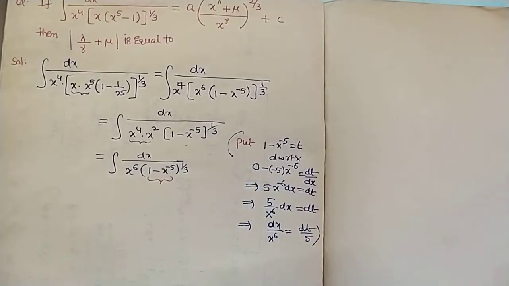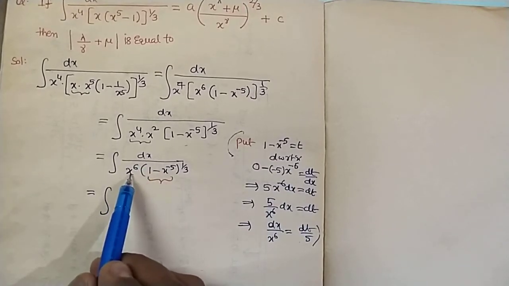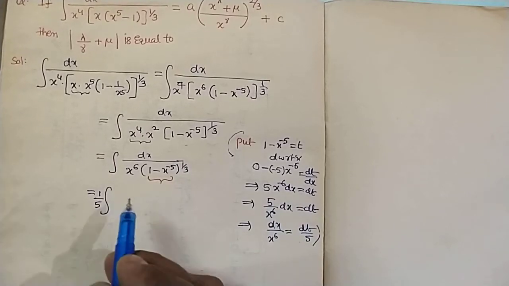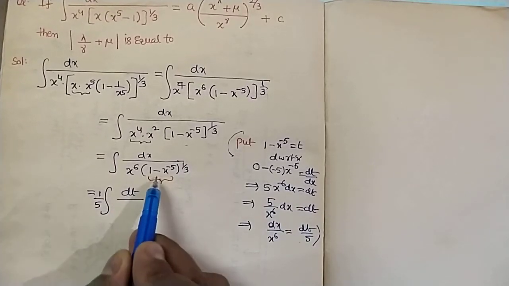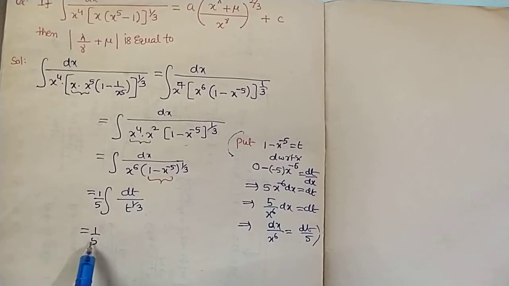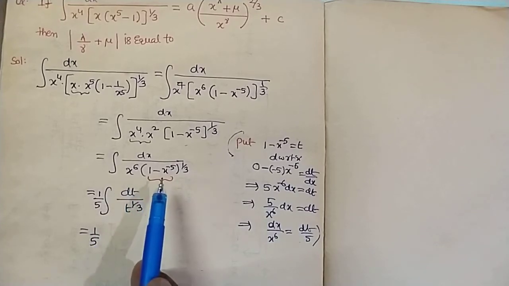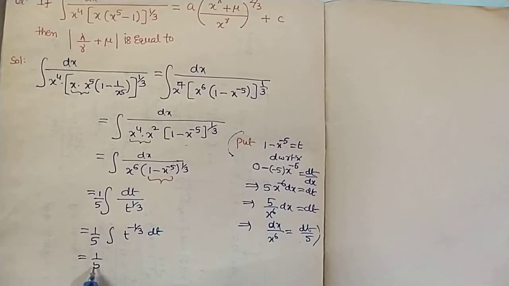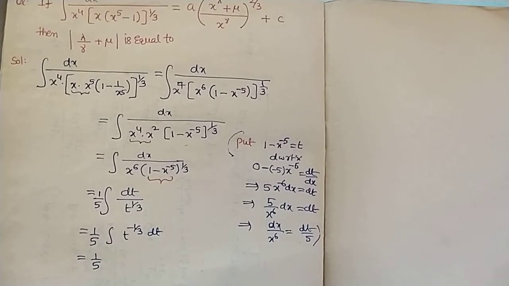Put it in the bracket, and the integral becomes: in place of dx by x power 6, we replace with dt by 5. So 1 by 5 we can take outside. Dt divided by t power 1 by 3, which is 1 by 5 integral t power minus 1 by 3 dt. Now we can apply the integral x power n formula, no need to write the formula, it is a basic question.